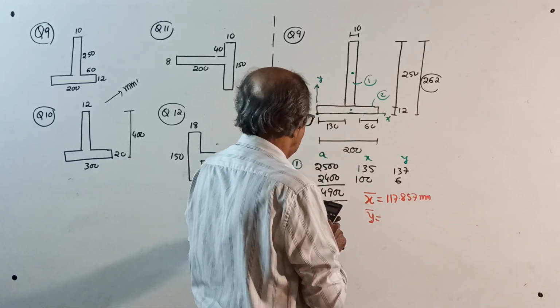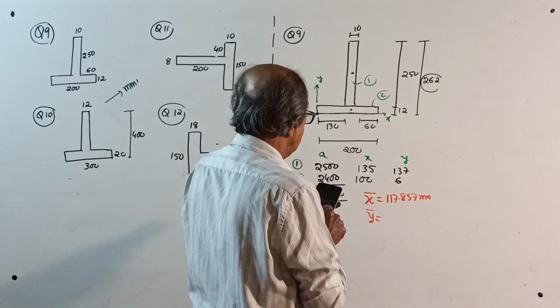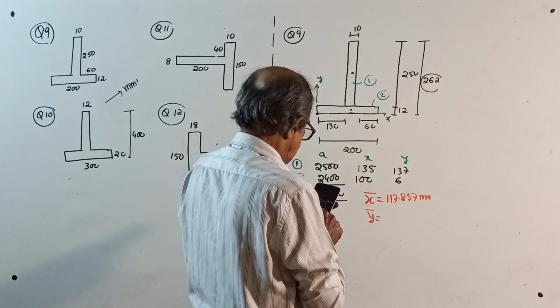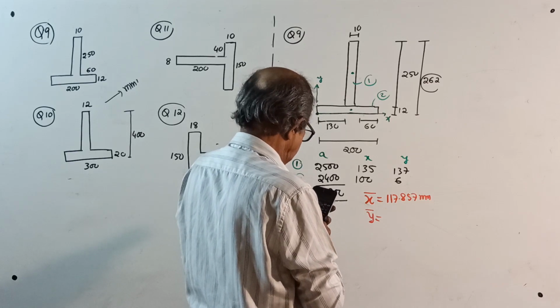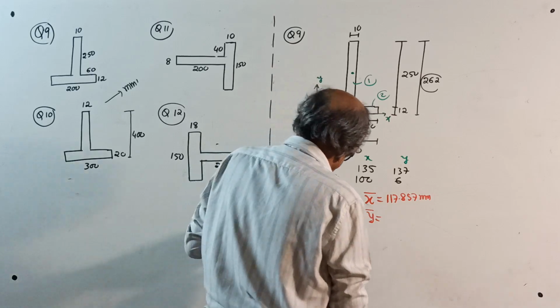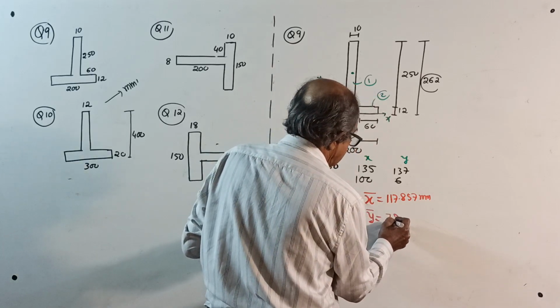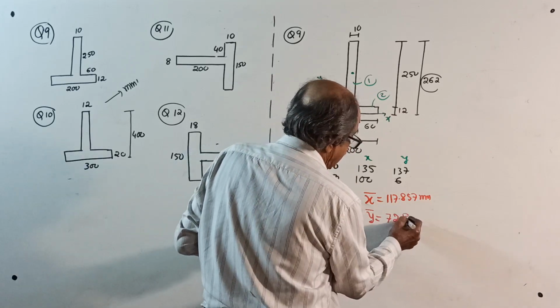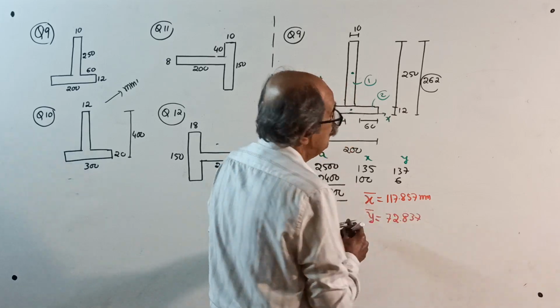Y bar: 2500 into 137 plus 2400 into 6 divided by 4900. 72.837. Therefore, final answer.